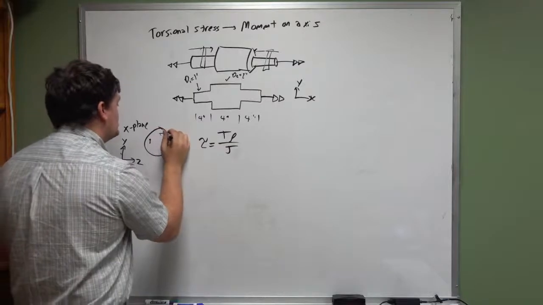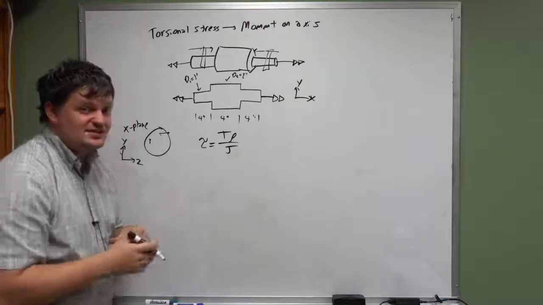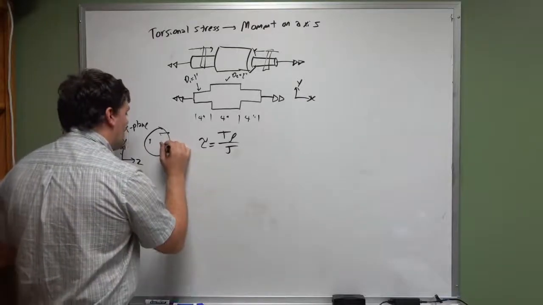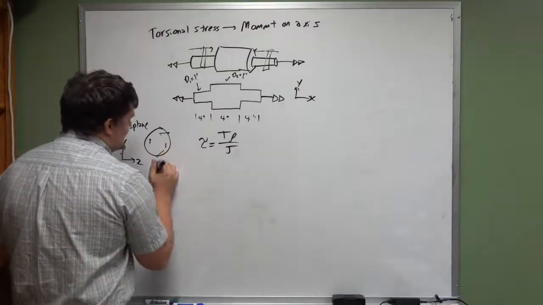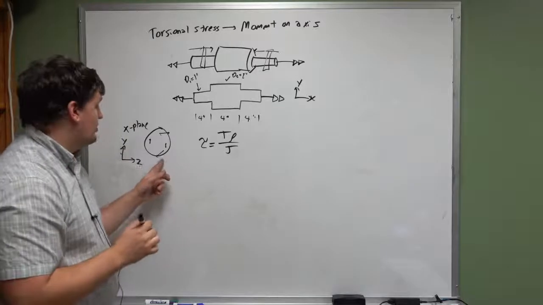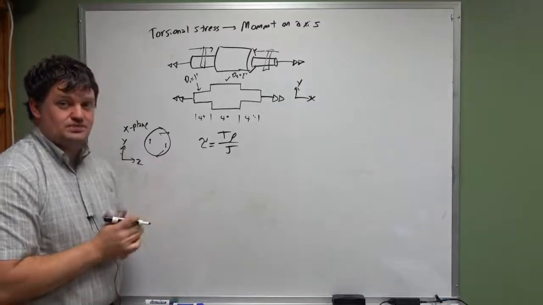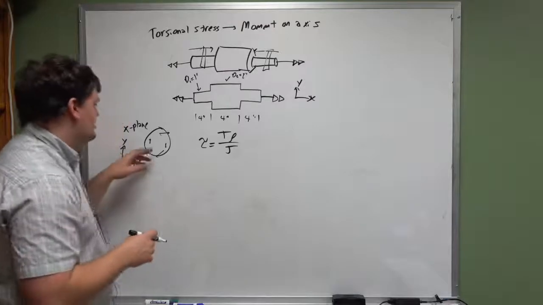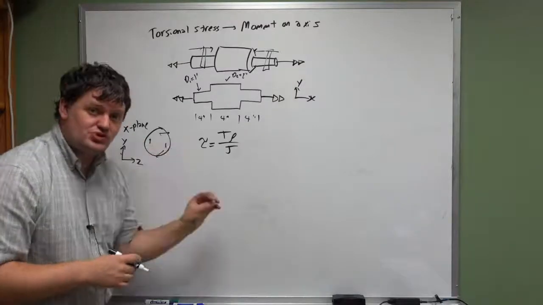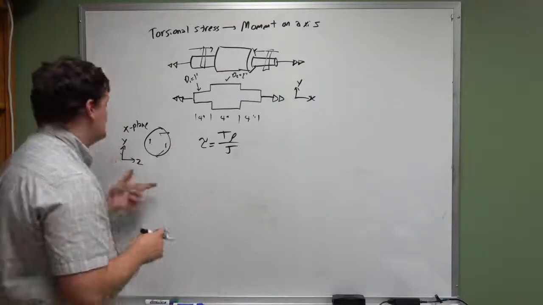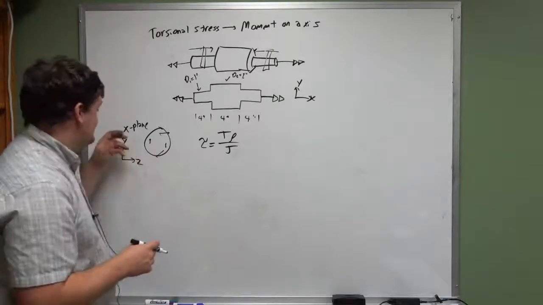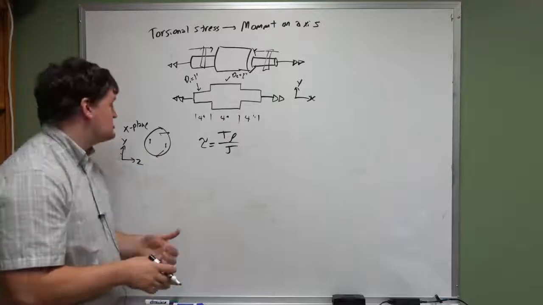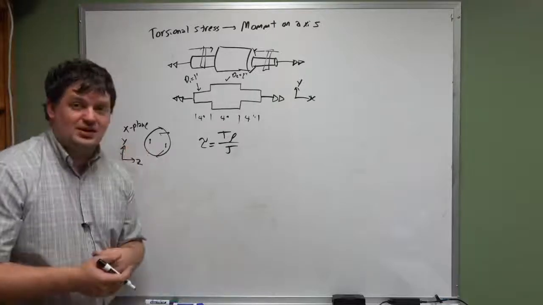At this location, you're going to have a z-facing force. At this location, a y-facing force. At this location, it's going to point in both the y and z directions. So that's interesting. The location where you are measuring the stress dictates whether the stress is in the y direction, the z direction, or both the y and z directions on the x plane.